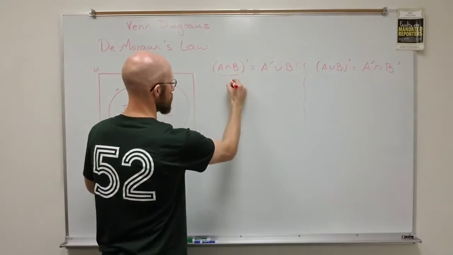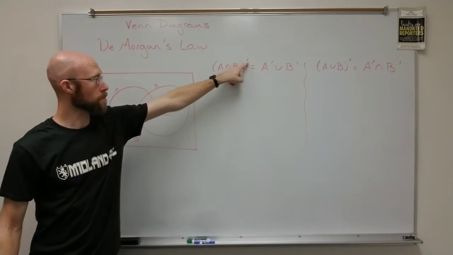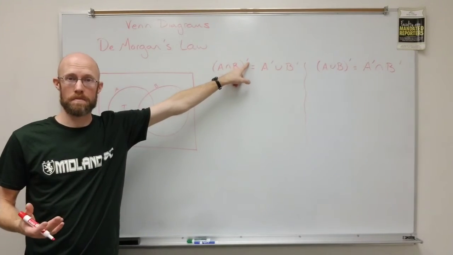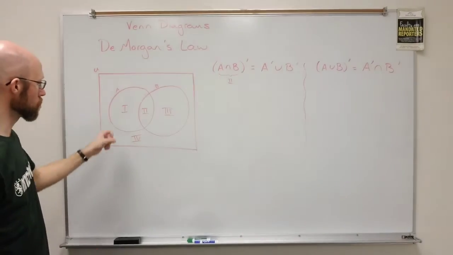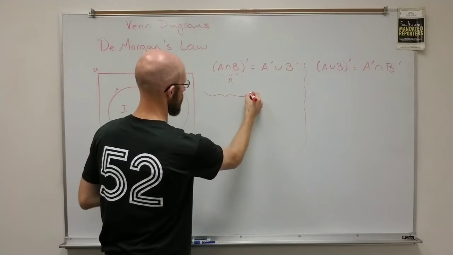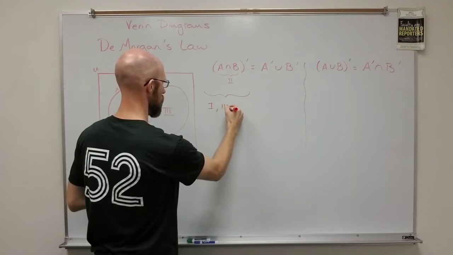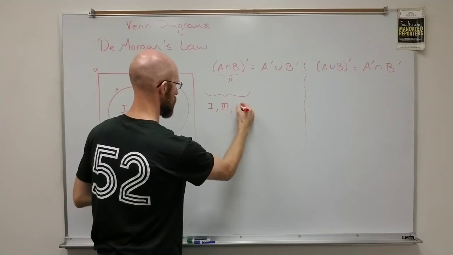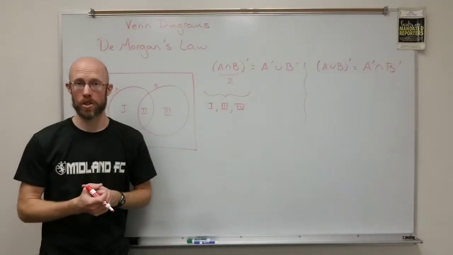So this portion is region 2. When you look at the complement of region 2, that's basically everything else, right? So the complement of region 2 must be 1, 3, and 4. So this entire side must be regions 1, 3, and 4. Okay, so it's the complement of region 2.